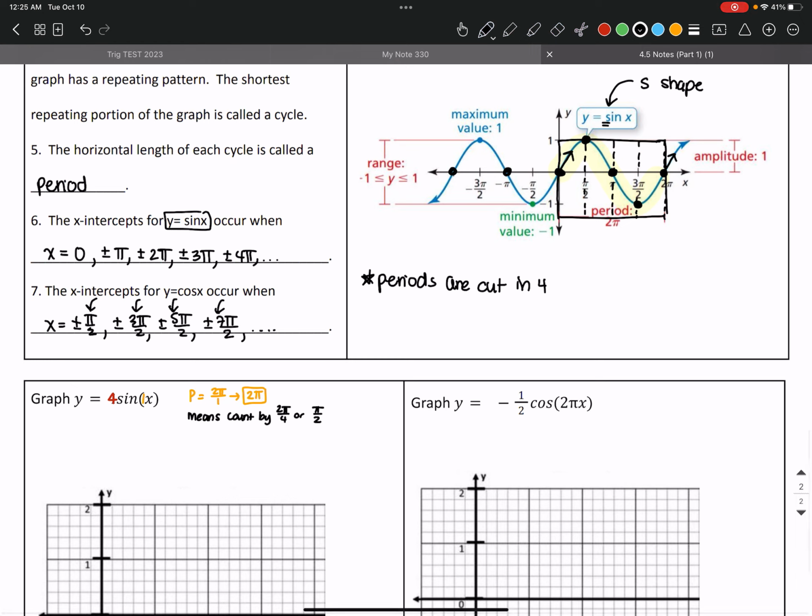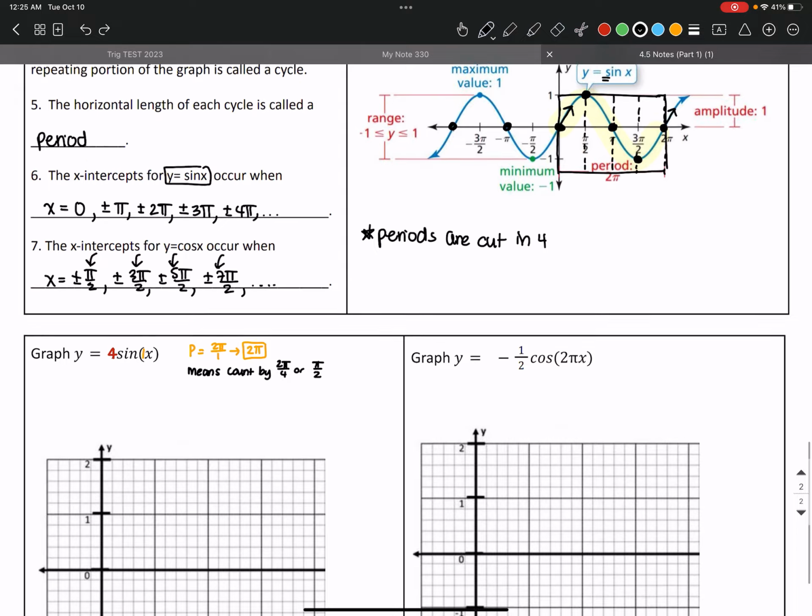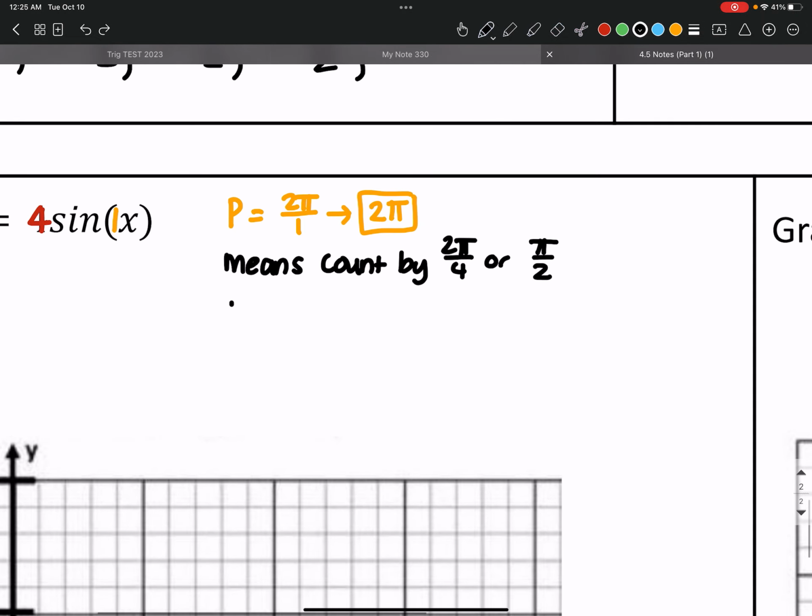The graph was scaled by pi over 2. So I'm going to do that here. What I'm going to do is take pi over 2 and multiply by 1, and that's going to be my first thing that I put on my x-axis. Then I'm going to take pi over 2 and multiply by 2, and that will be the second thing. And then pi over 2 multiplied by 3, and that will be the third number.